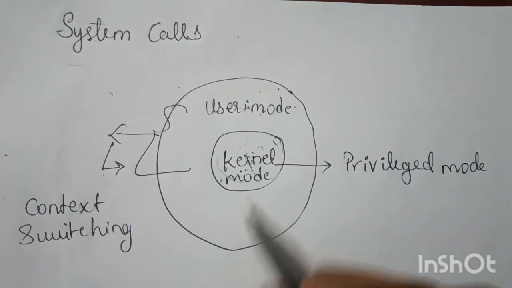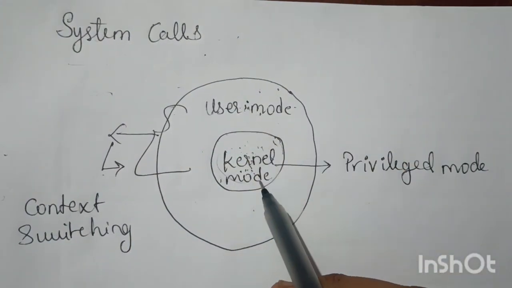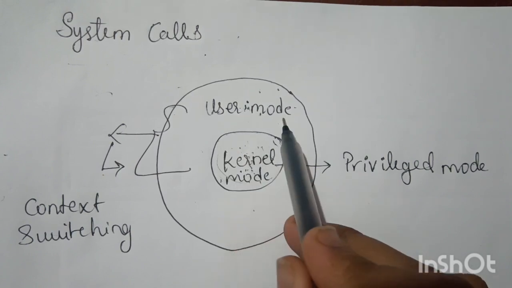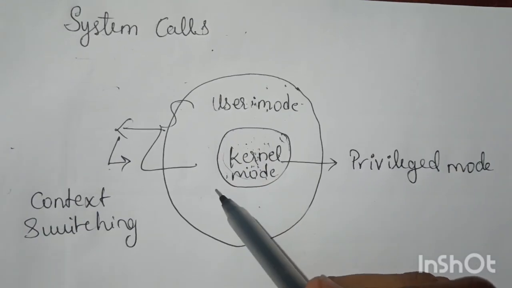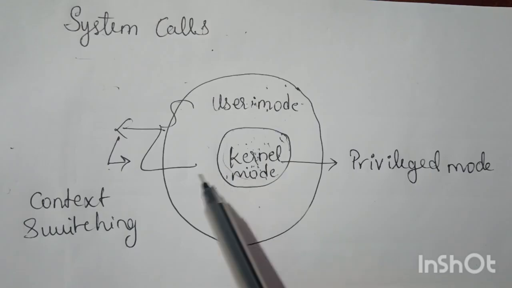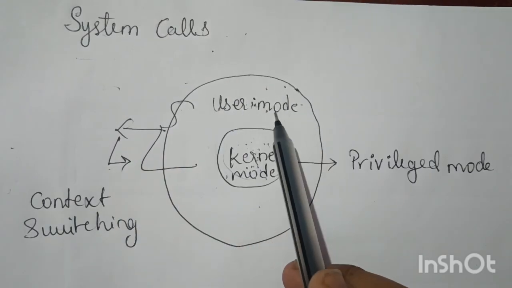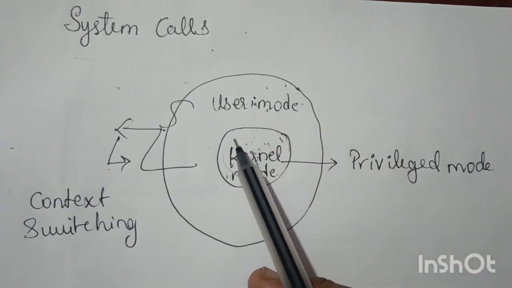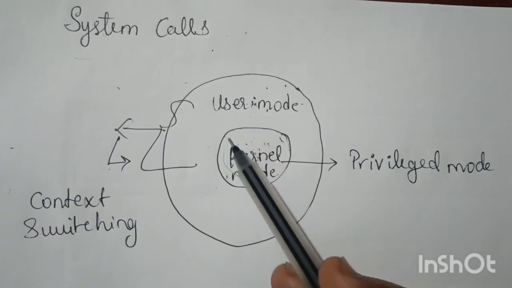So you have to first explain the definition and draw this diagram, with a user mode and a kernel mode. The kernel mode is a privileged mode and has direct access, whereas user mode does not have direct access, so it's a safer one. Switching from one mode to another is called context switching. While the program is executing in user mode, if it gets an interrupt that needs some resources or services, it has to make a call to the OS.